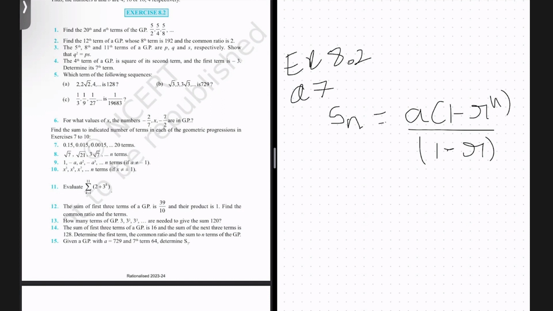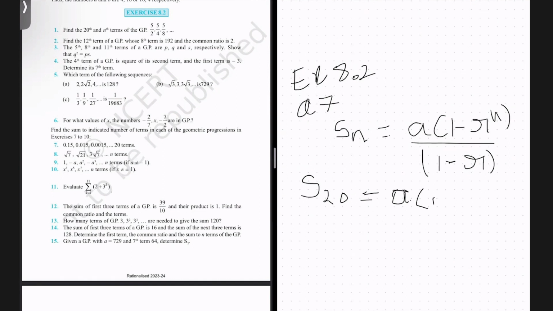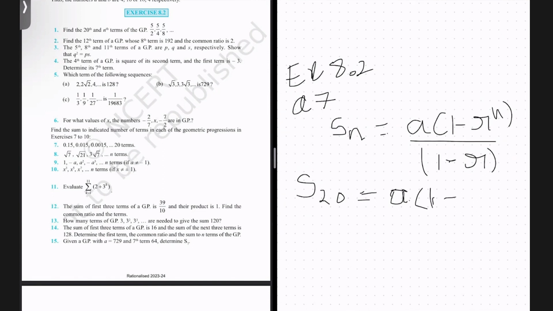To calculate the sum up till the 20th term, I would then want n to be 20, right? So the sum up until the 20th term would equate a times 1 minus r raised to the power 20 upon 1 minus r, right?